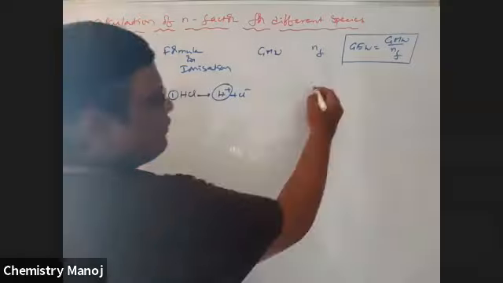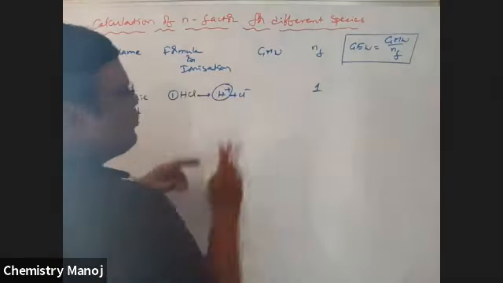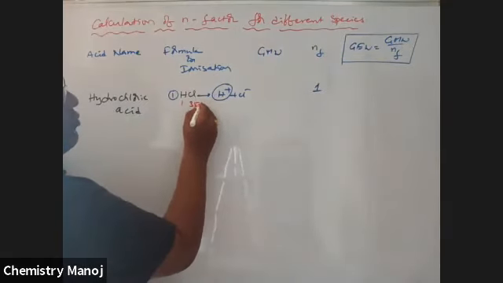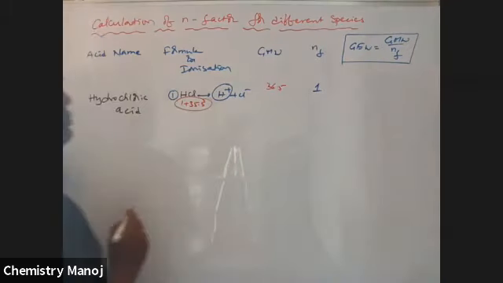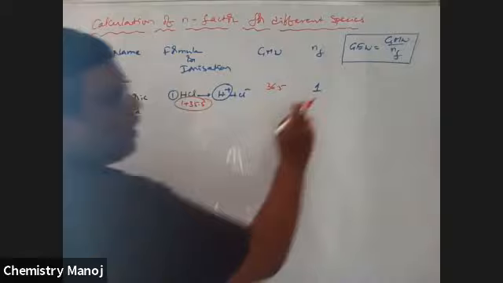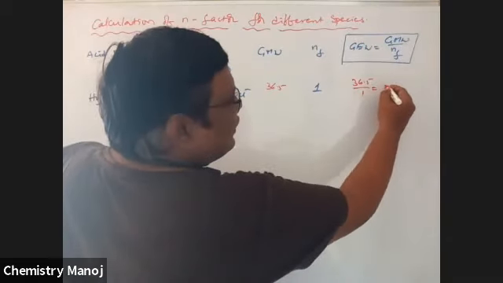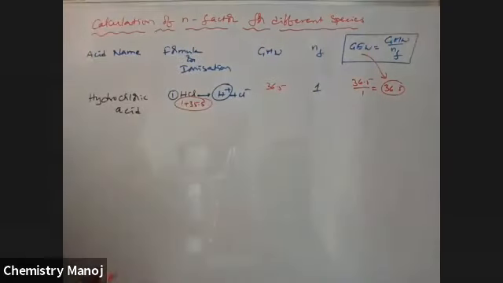Only one. N factor is 1. How much is the molecular weight of HCl? Hydrogen 1, chlorine 35.5, altogether 36.5. Now how much is the gram equivalent weight? Gram molecular weight divided by 1, that is 36.5.